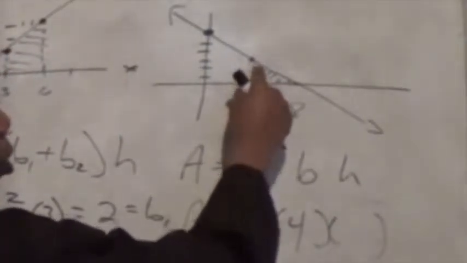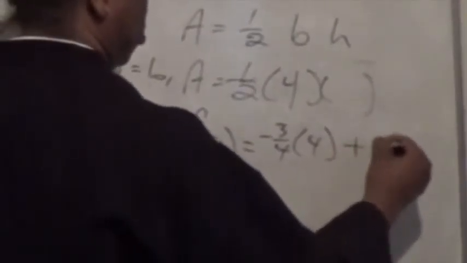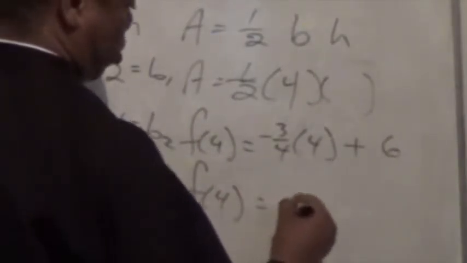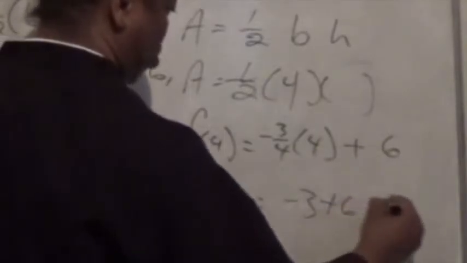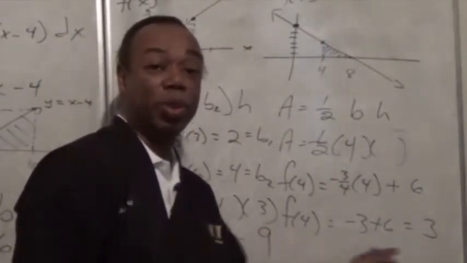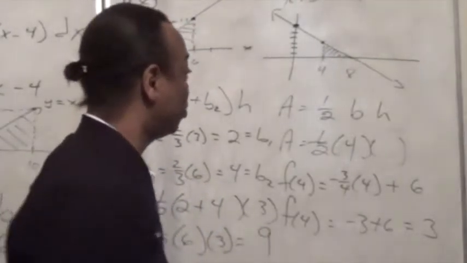The height of this triangle I can find by putting 4 into the function f of x, and I find that the height will be 3.